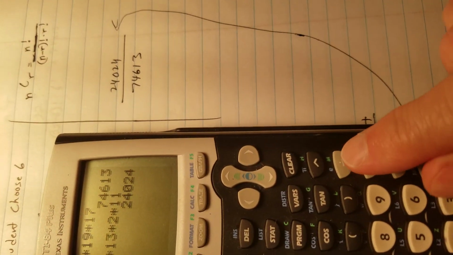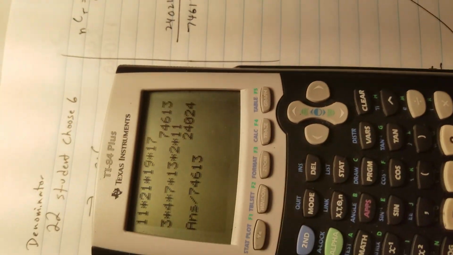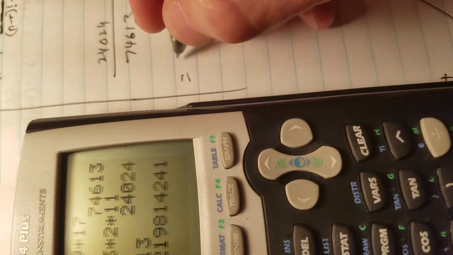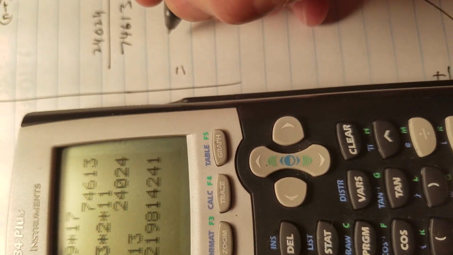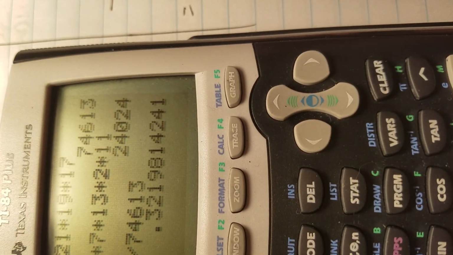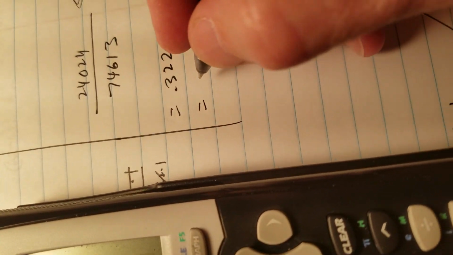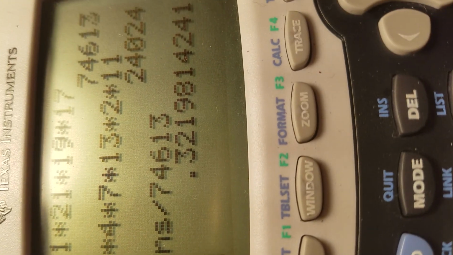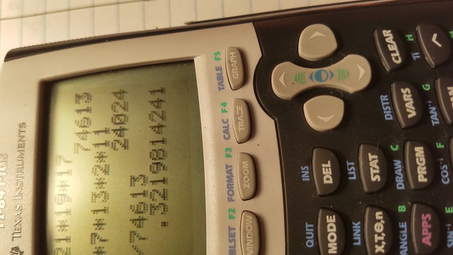I'm just going to divide that by 74,613. And it's going to be ugly. It's about 0.321, 0.322. I don't know how many decimals your teacher wants. If you need more decimal places, it could be 0.32198.